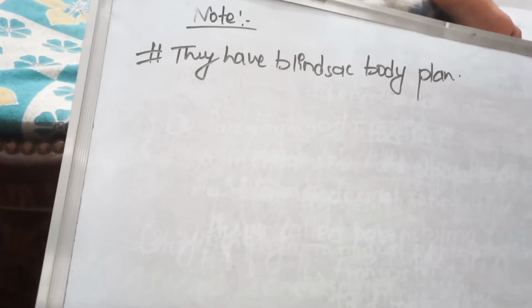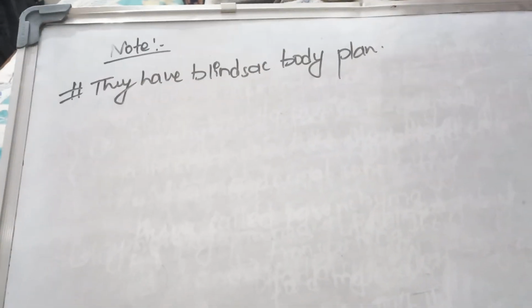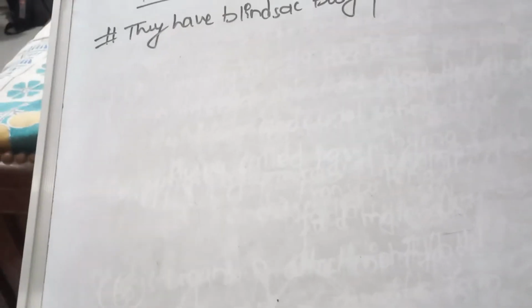What do you mean by blind sac? If in an organism, ingestion and egestion are done by one part of the body, only one part, that is the mouth, we call it a blind sac.